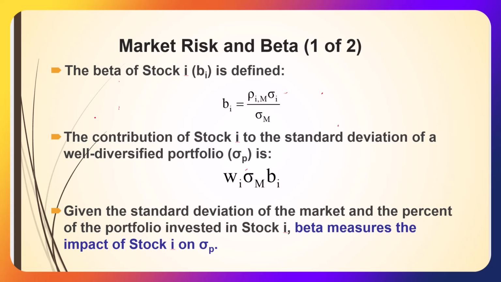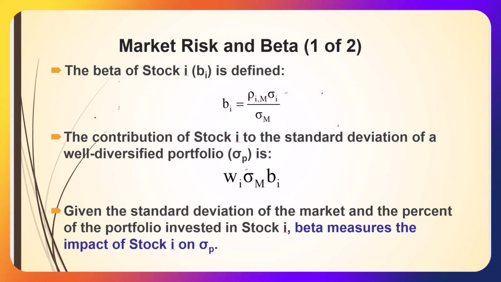So beta measures how sensitive an individual stock is to movements in the overall market. The market beta is set at 1. Stocks with a beta greater than 1 are more volatile than the market, while stocks with a beta less than 1 are less volatile.